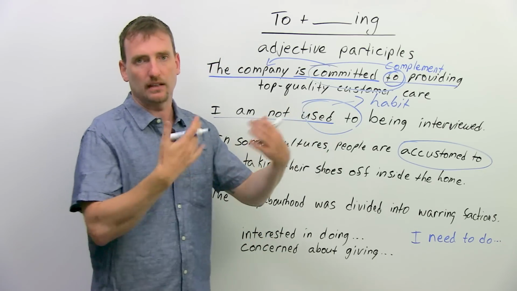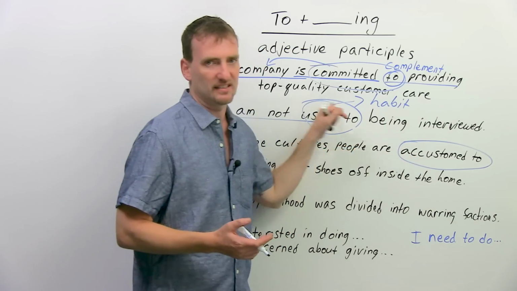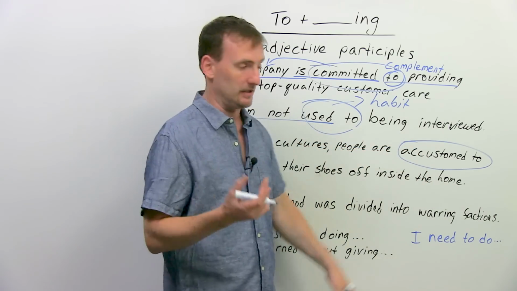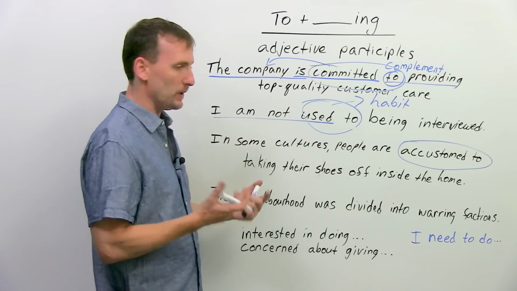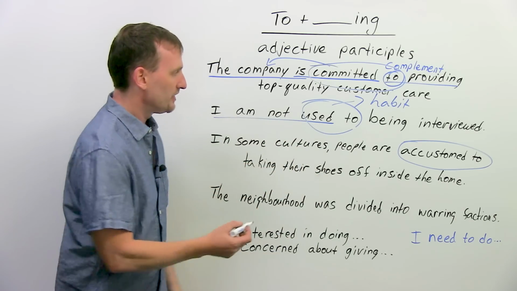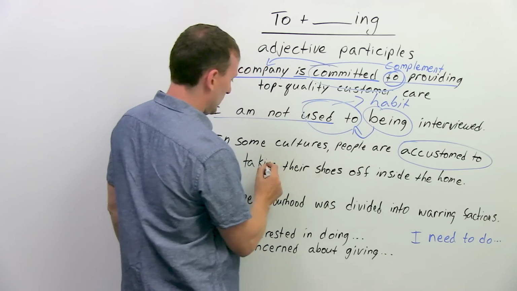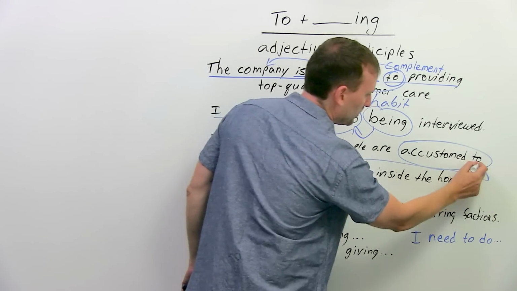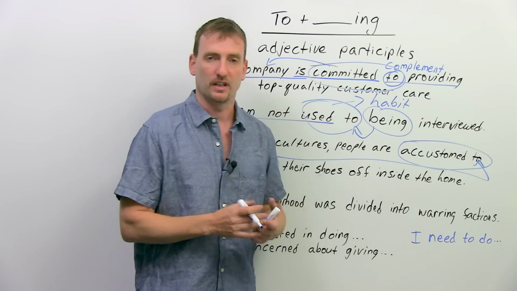It's used to as in habit, something you've become comfortable with. Accustomed to basically means the same as used to. Habit, used to. In some cultures, people are accustomed to what? Taking their shoes off. So here, being is the object to. Taking is the object to, because I need to complete the meaning of the preposition.